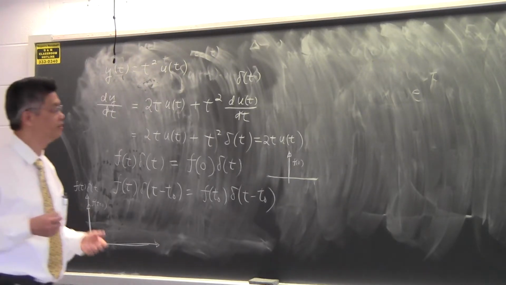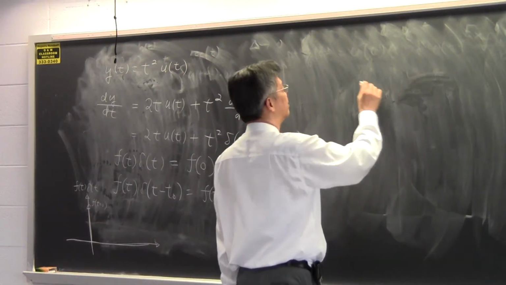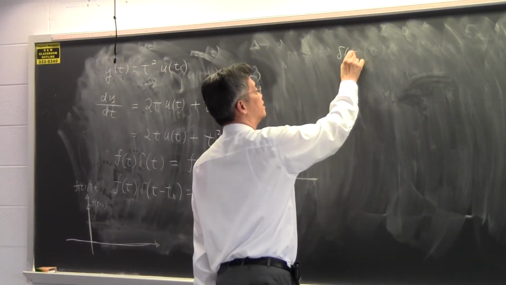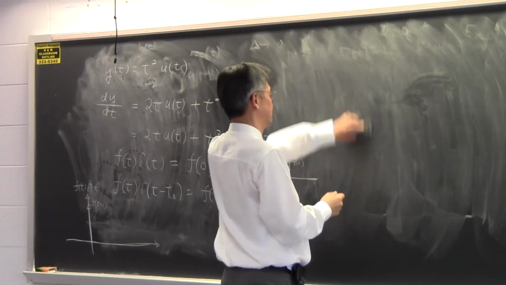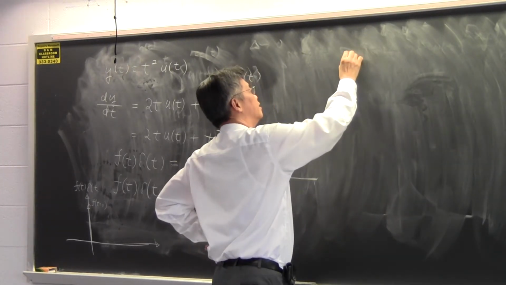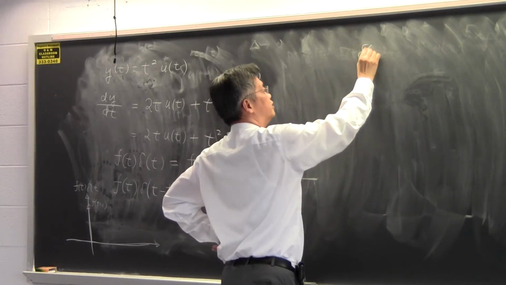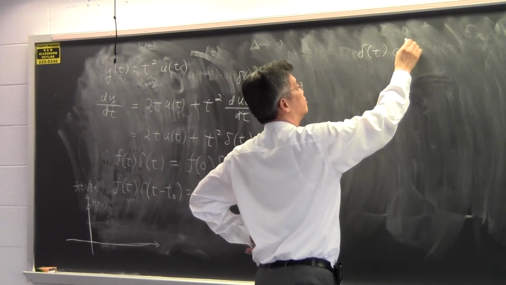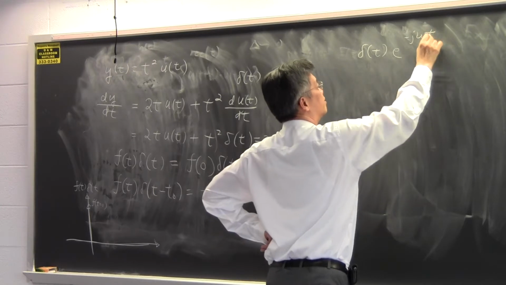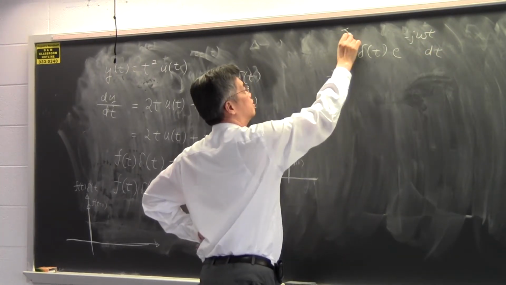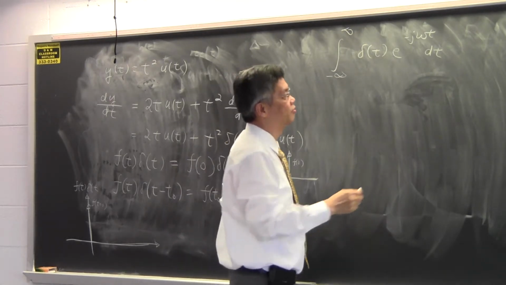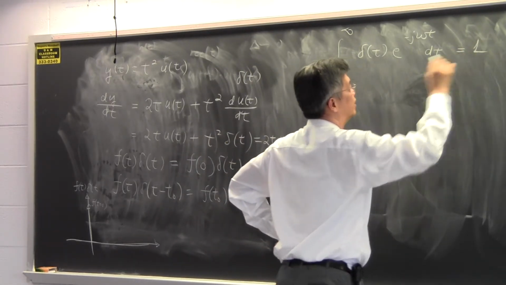So all the convolution properties that you have apply. What is the Fourier transform of delta t? Maybe we can think about that. If we were to Fourier transform this, we would multiply by this, and then integrate over t. What does this give you? 1, right?